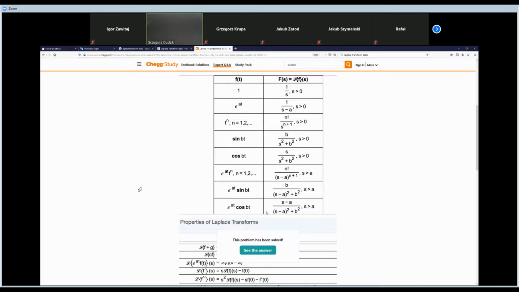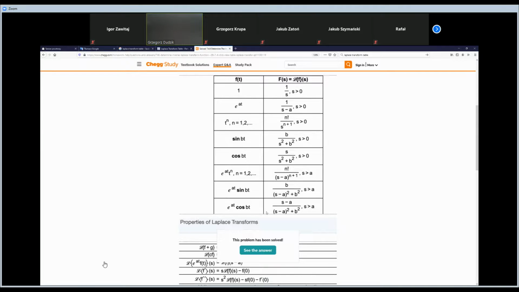So if we have, okay, I'm just going to note it here. From the table we've got e to the power of at sine bt.